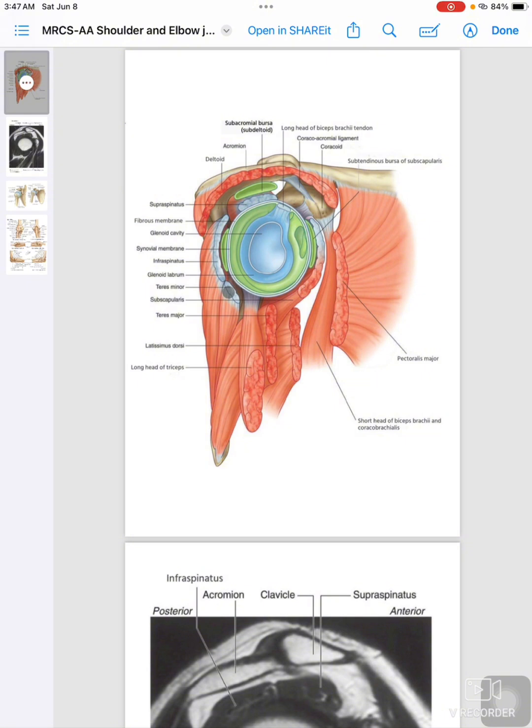All of these blend with the capsule towards their insertion. There are two defects in the fibrous capsule: superiorly, for the tendon of biceps. Anteriorly, there is a defect beneath the subscapularis tendon.